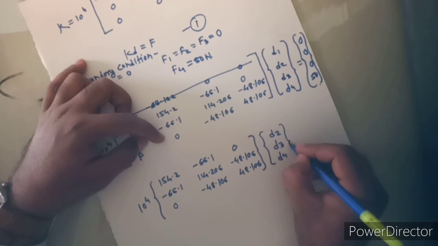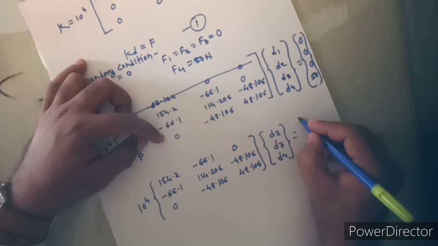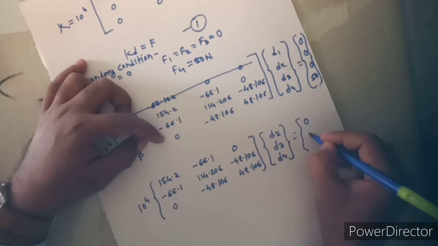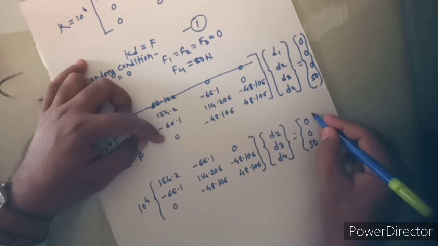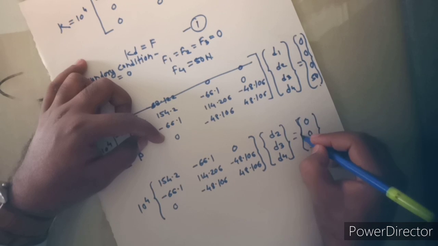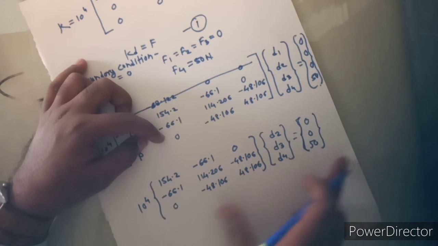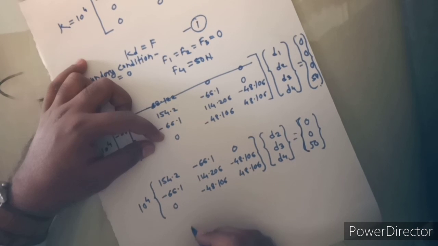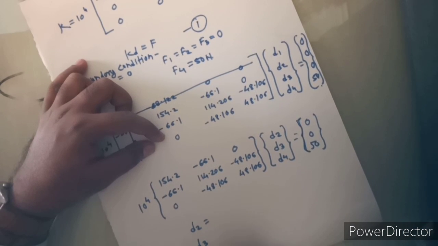You have to find out only these three values, and the forces are 0 0 50. If you solve these matrices, you will get D2, D3 and D4.